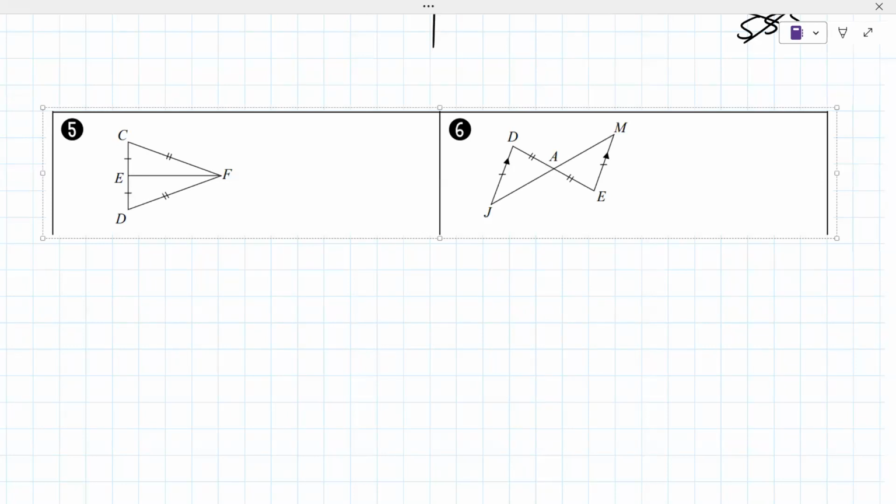You have to go by the given information or something that you can say is congruent without saying, oh, well, it looks congruent. There's actually a reason for it.